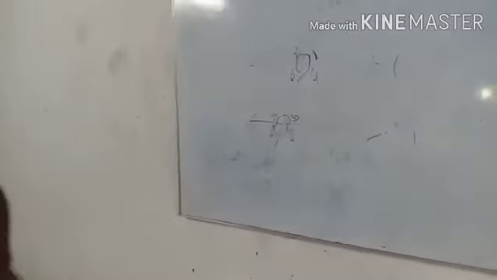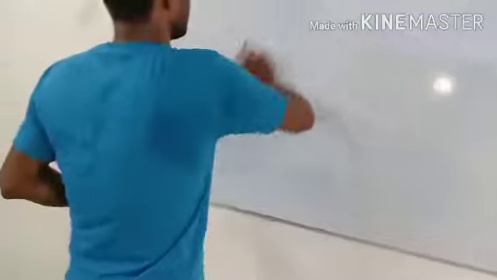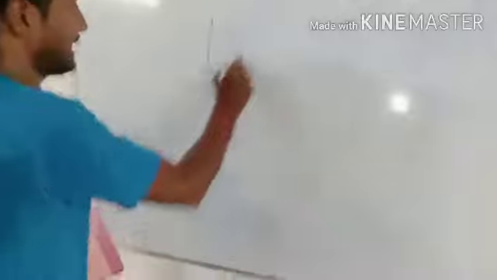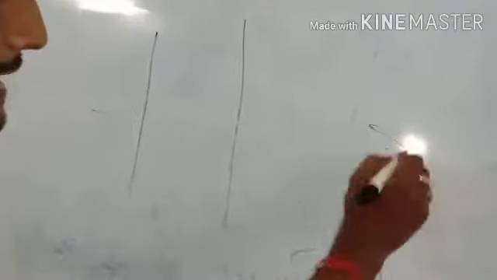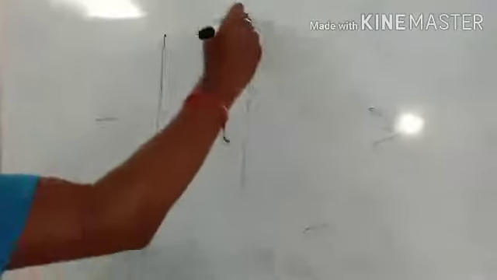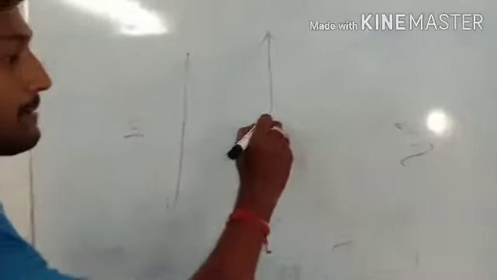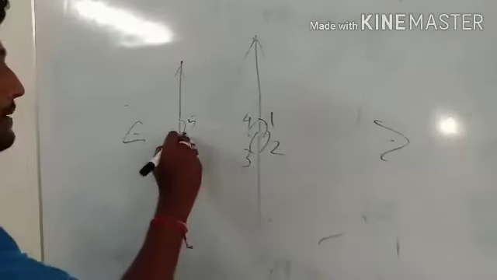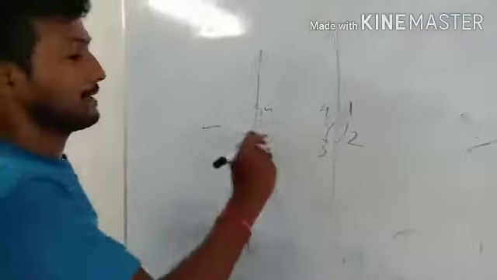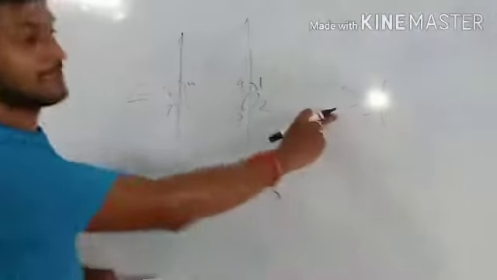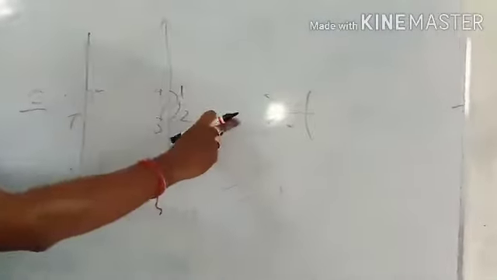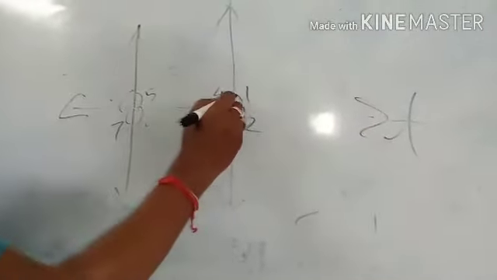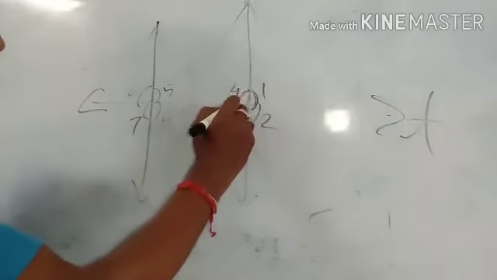But one thing always remember: if you draw the transversal like this, suppose these two lines are intersected by this line. Mind it, suppose the name of the angle is 1, this is 2, 3, this is 4, 5, 6. Just remember, this is the transversal. Just see the transversal and find out the angles.